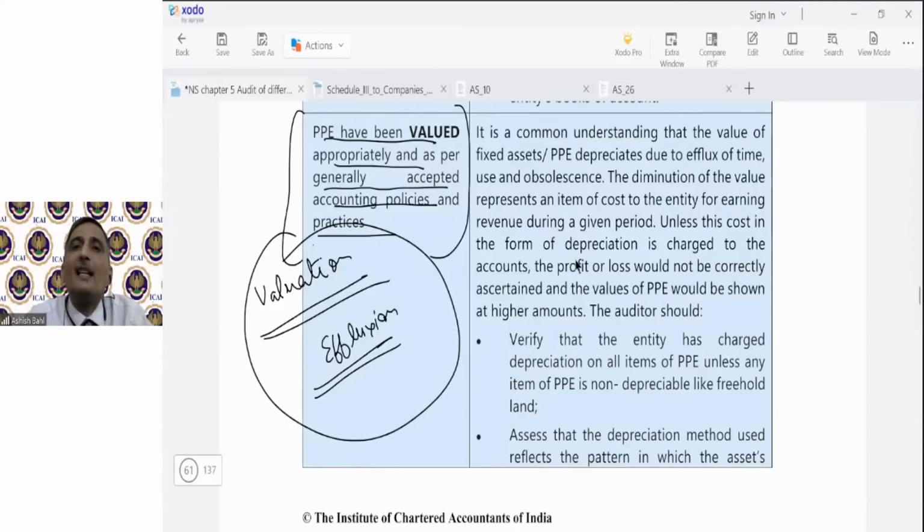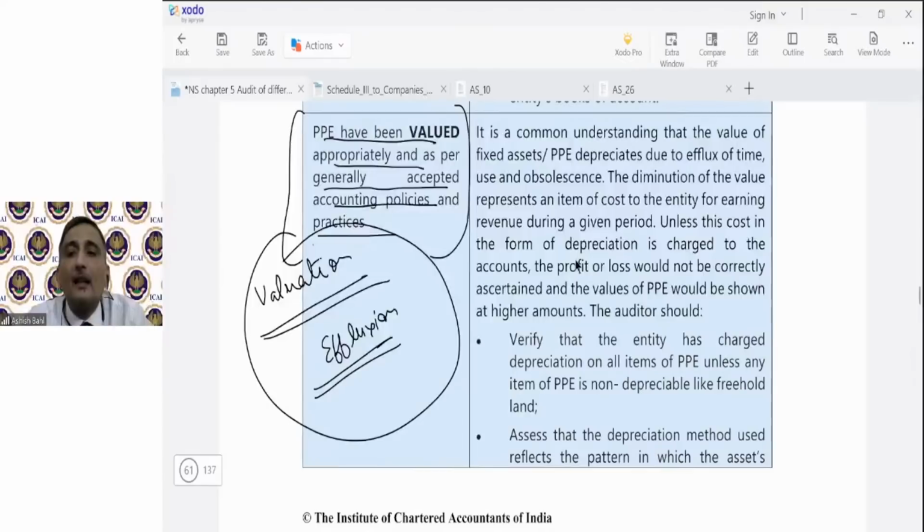The value of a PPE item which is decreasing with each passing month, with each passing day, would not be properly reflected. So that is why depreciation is charged. Okay. So depreciation is charged as a cost in the statement of profit and loss, and it is reduced from the gross amount of the PPE. Okay.